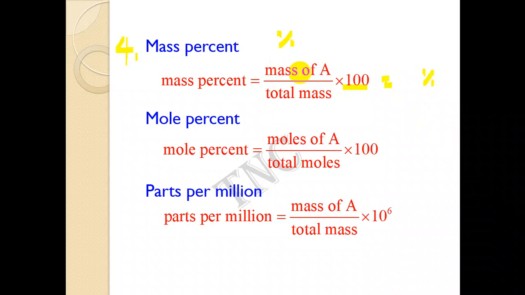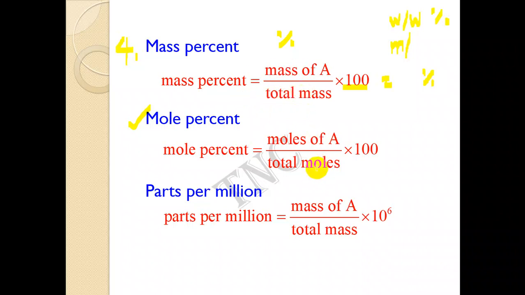And since we are using mass here, this would be said as mass by mass percent, m by m, or we can use w by w percent, weight by weight percent. We can also use mole percent. Similarly, we can use volume percent. In terms of volume also, you can take this calculation.